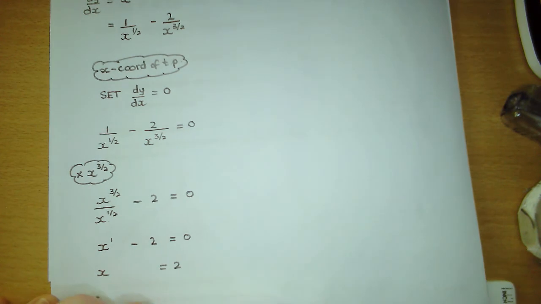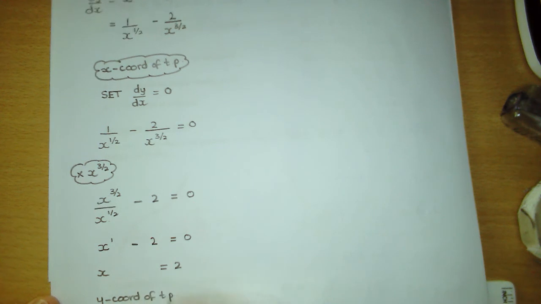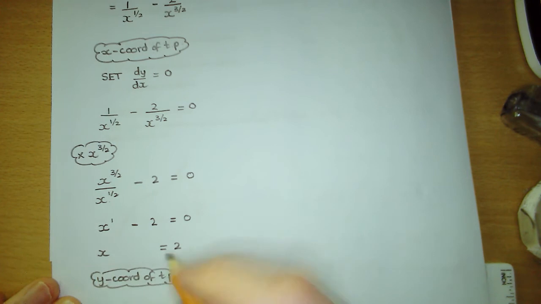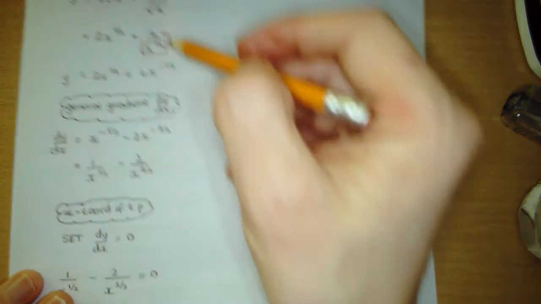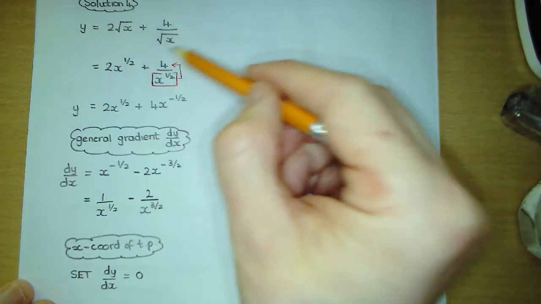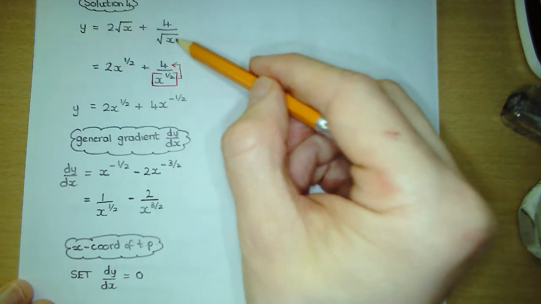Now we're going to get the y coordinate of the turning point. So we're going to sub the x coordinate of the turning point into the curve. So go back to the original curve here, with the roots in it, and then everywhere you see x replace with 2.